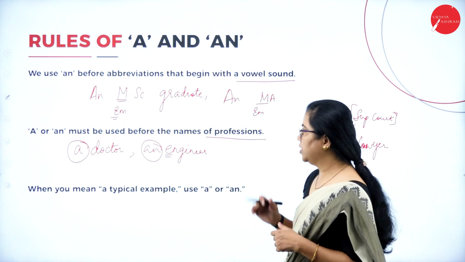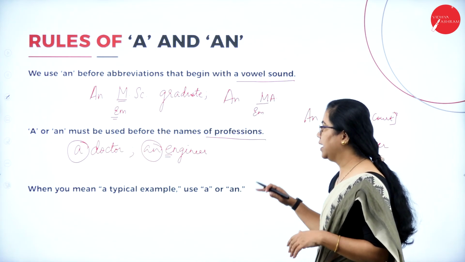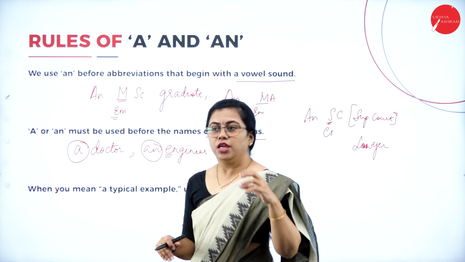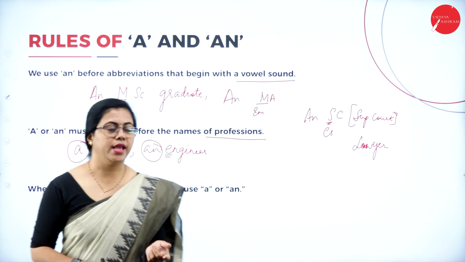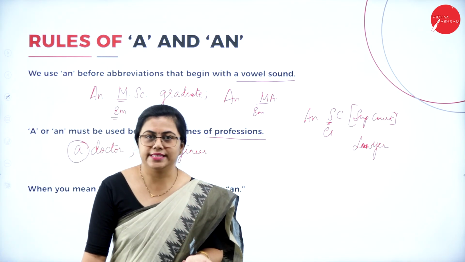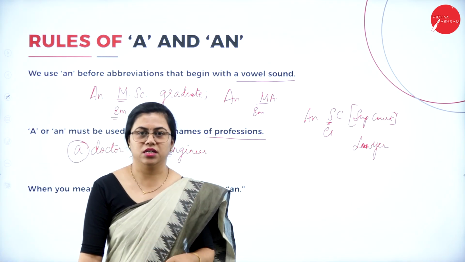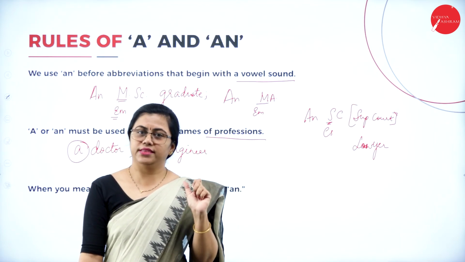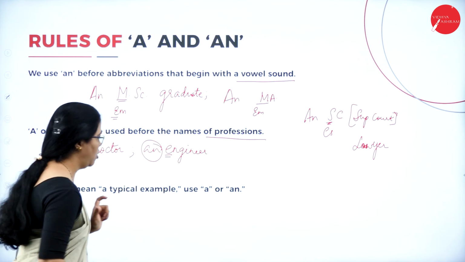Coming to the next, when you mean a typical example, use a or an. Typical example means you're making a general statement. Suppose I want to tell about the general characteristics of a cat, the food of the cat. Then I'm giving a typical example of a cat.